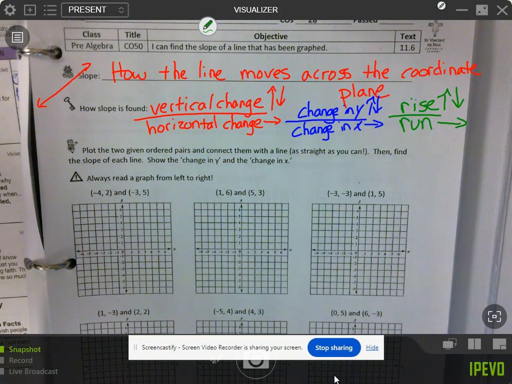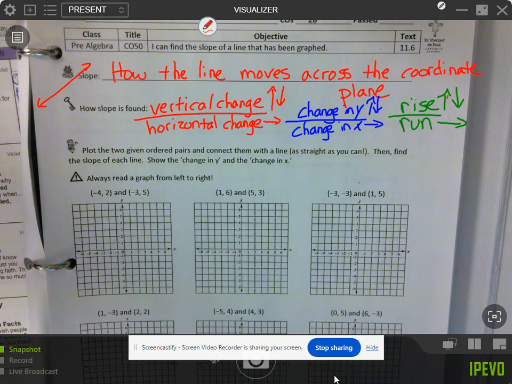So there's a couple of key pieces we need to keep in mind as we're figuring out our slopes. First one, if we go up on that y-axis, what kind of numbers are those? Positive. Say it louder. Positive.